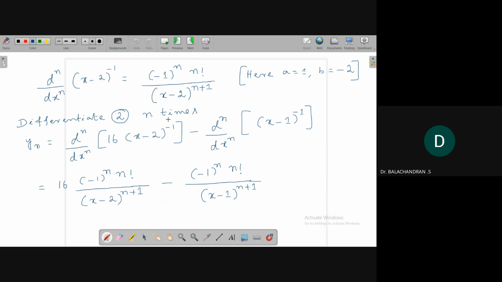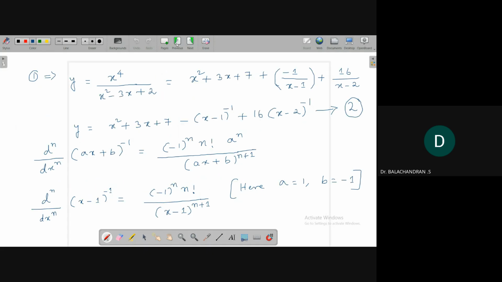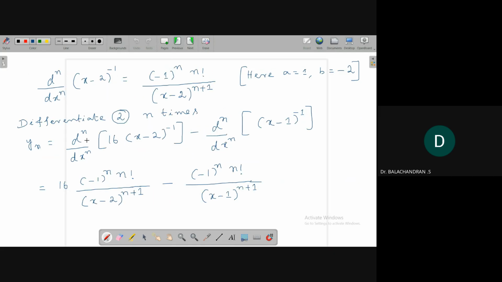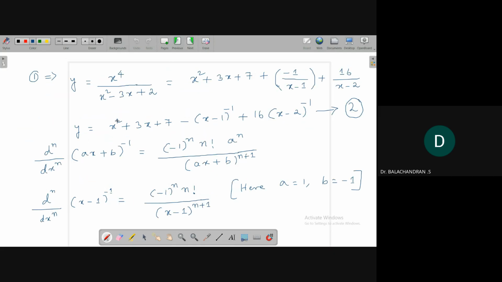Now differentiate equation 2 n times. The left side is y n. If you differentiate this term n times, 0; this term n times, 0; this term n times, 0. Only these two terms are left.